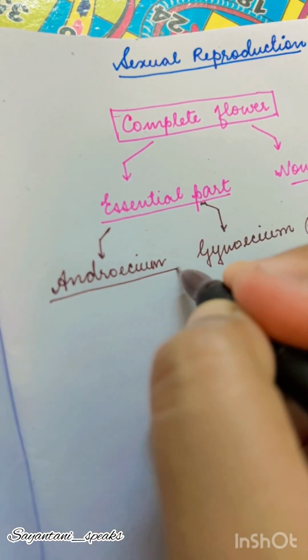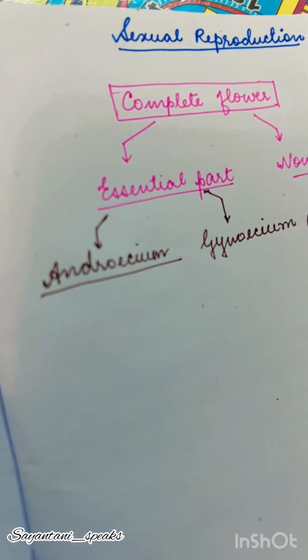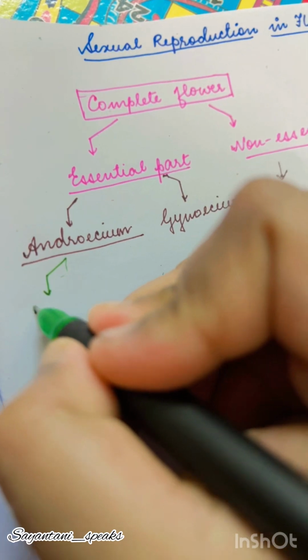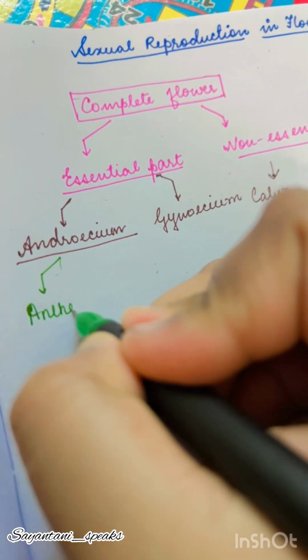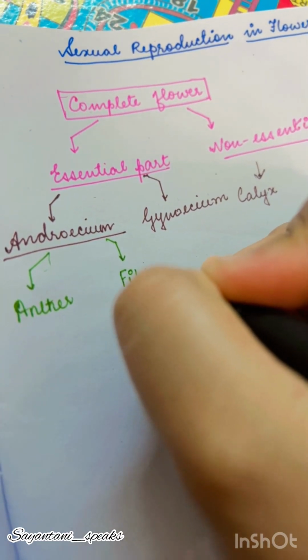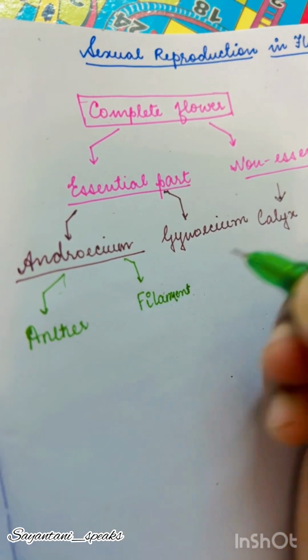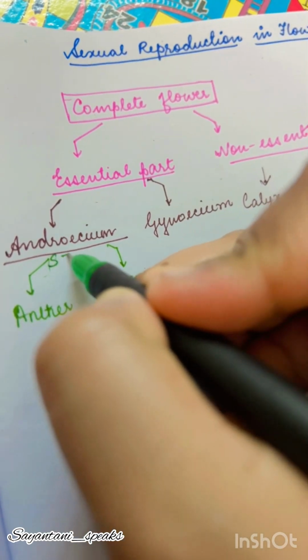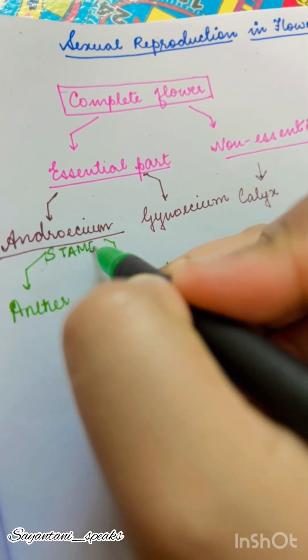The androecium contains two different parts, that is the anther and the filament. Together the anther and the filament, the individual unit is known as the stamen.